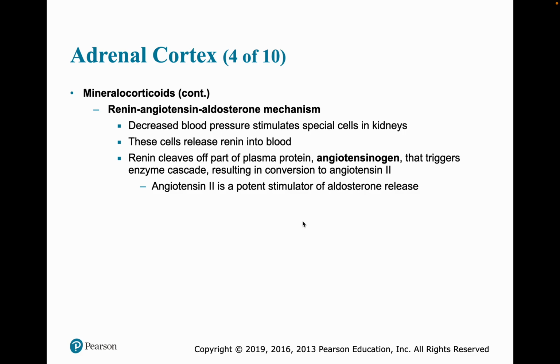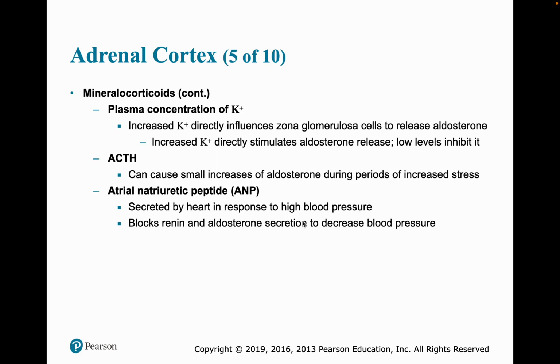Those cells release renin into the blood. That renin then acts on angiotensinogen, which triggers an enzyme cascade, and it is converted to angiotensin 2. And angiotensin 2 is a potent stimulator for aldosterone release.